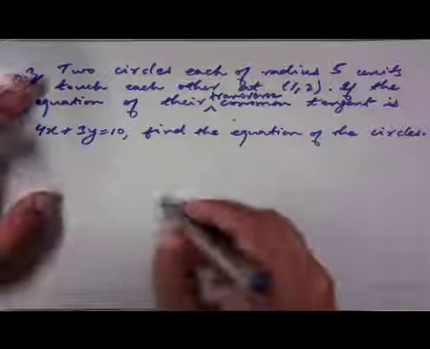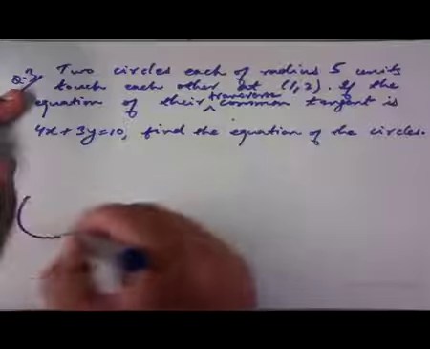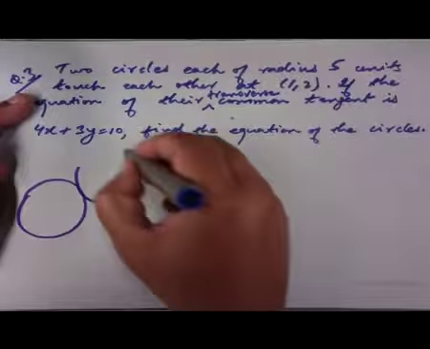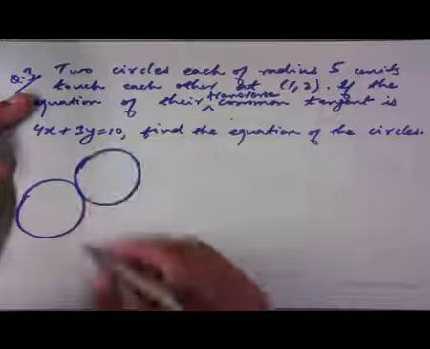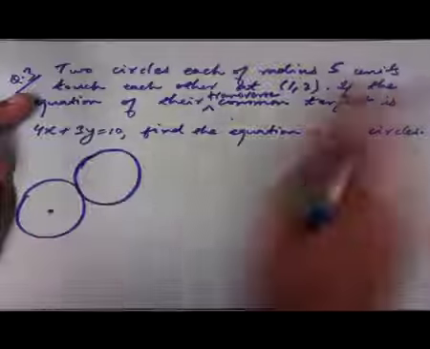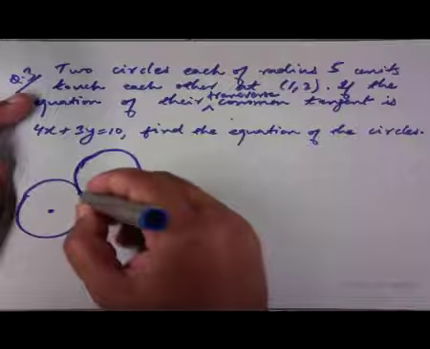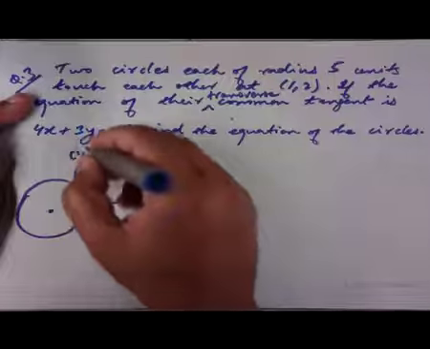So, the situation is like this. We have two circles which have the same radius, which is 5 units, and they touch at this point. The coordinates of this point is 1 comma 2.